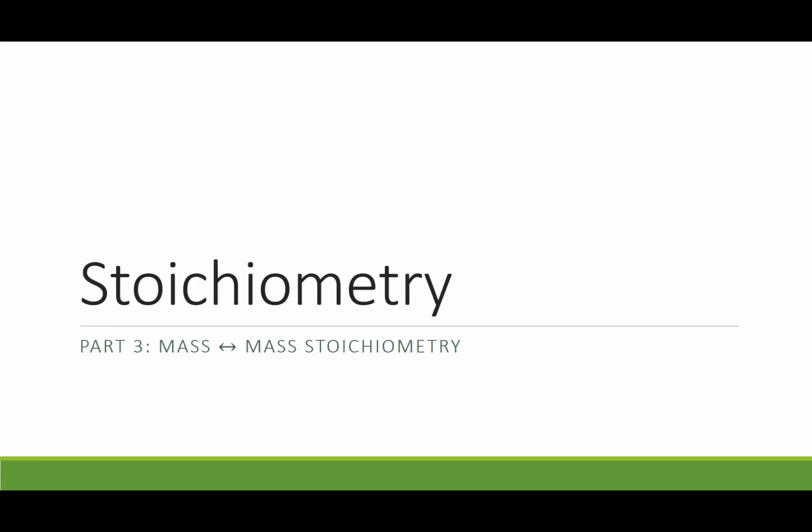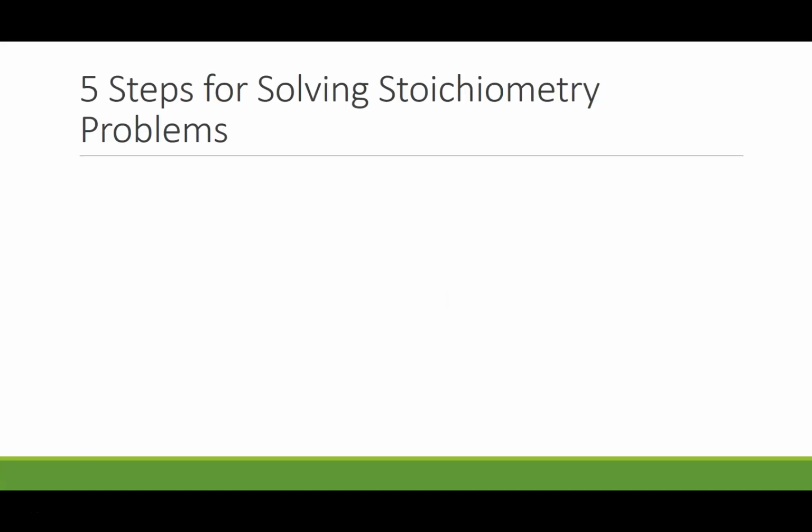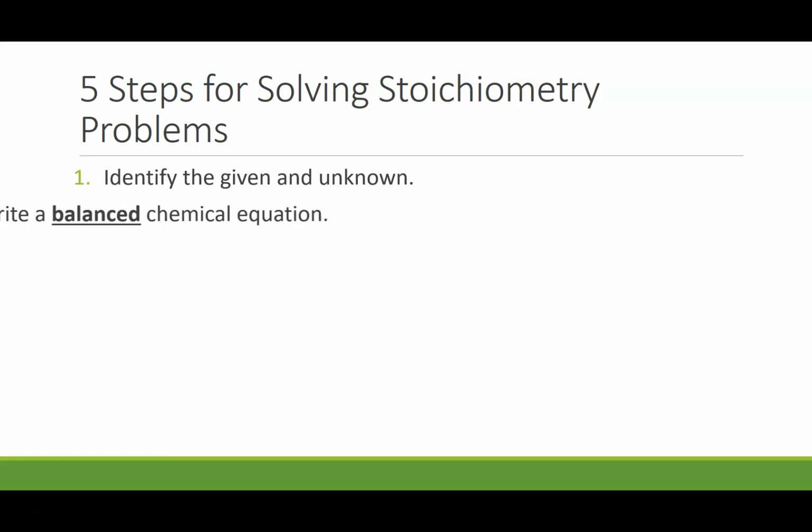This is the third part of our Stoichiometry series, and in this lesson we are going to learn how to do mass-to-mass stoichiometry problems. First, let's review the 5 steps for solving stoichiometry problems. Step 1, identify the given and the unknown. Step 2, write a balanced chemical equation.